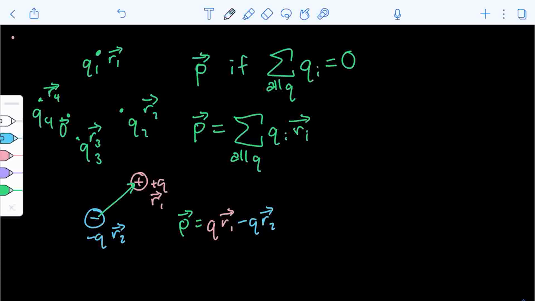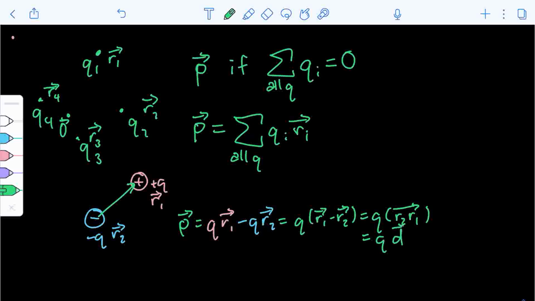And with some simple rearranging, this becomes q times r1 minus r2, or in other words, q times the vector from r2 to r1, which is our d from before. Something interesting is that the choice of origin does not matter here. No matter what origin you choose, you will get the same thing for p.